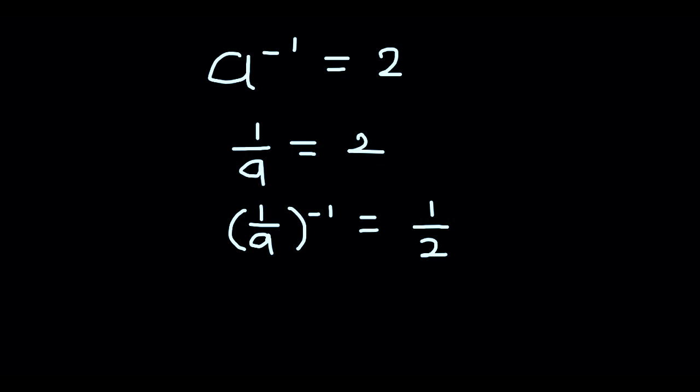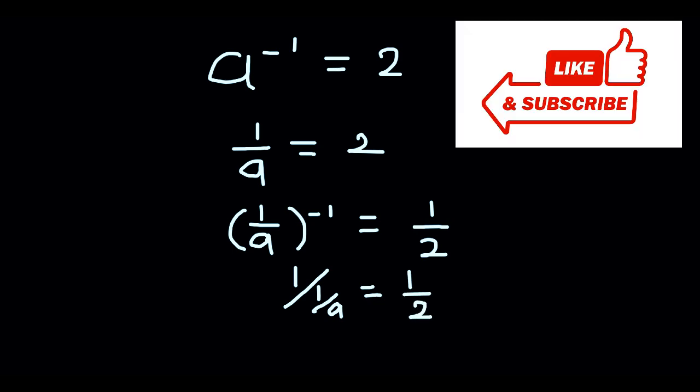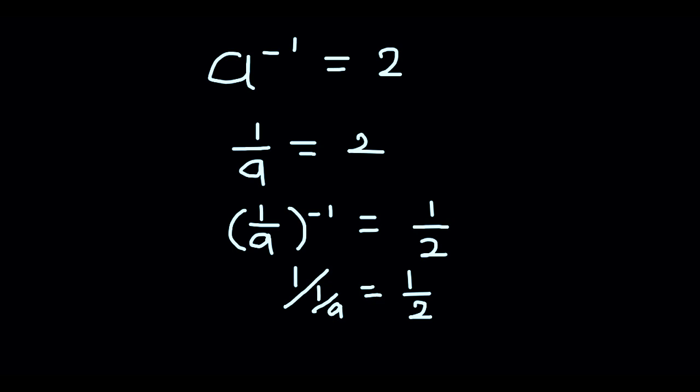This inverse can then be written as ordinary a, so a would then be equal to 1 over 2 as our final answer.